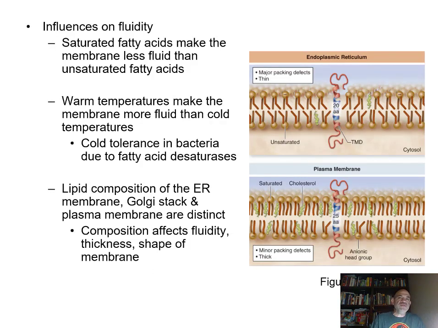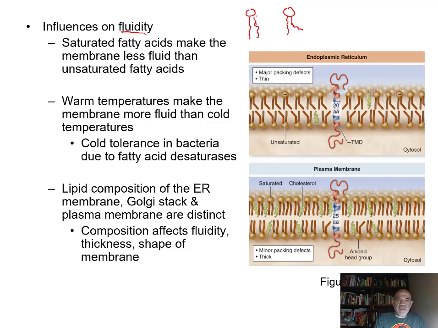Now, what influences fluidity? This was the third objective for this section. One is whether you have saturated or unsaturated fats, the level of saturation. Remember, if we take a phospholipid that has saturated tails, the tails are going to be straight. But if it's unsaturated, the tails are going to be bent.